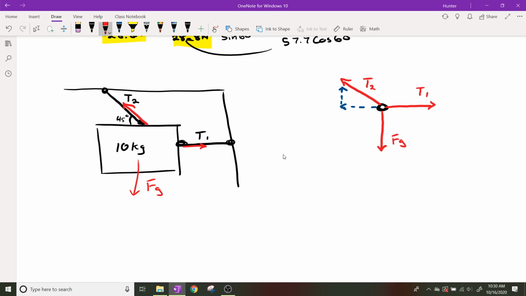Now we can break up those components. If this is at 45 degrees, then this one is going to be T2 cosine 45, and this one on top is going to be T2 sine 45.